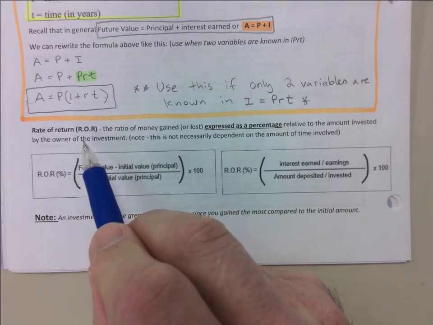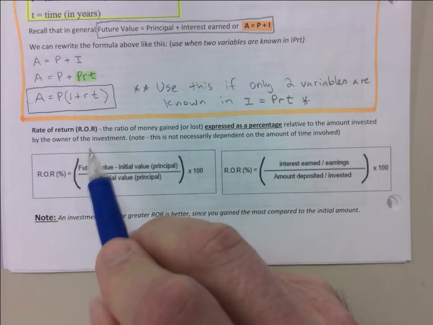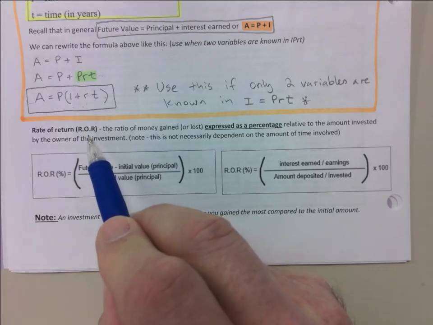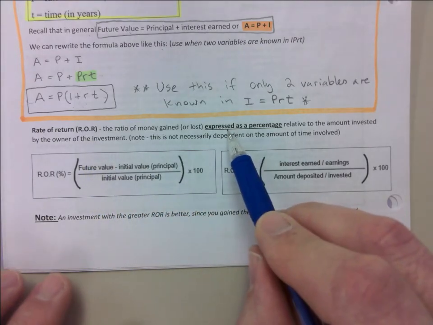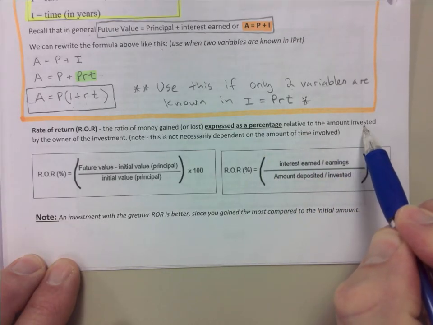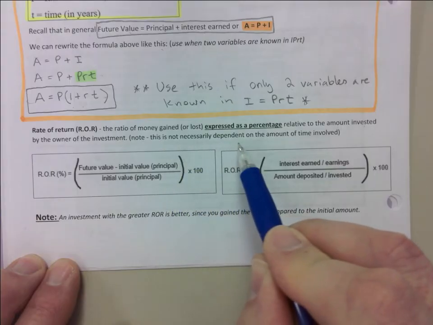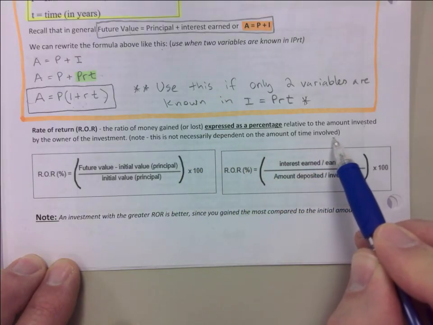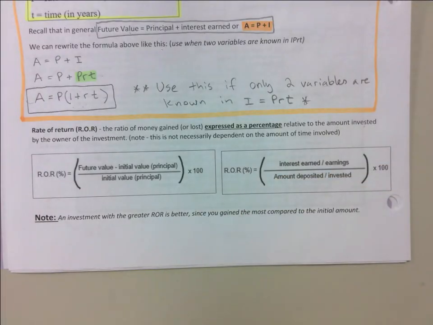Like every 3 months or so, I get a report and I look for the ROR. It tells you the rate of return. How much money did I get back? And it's expressed as a percentage, and it's relative to amount invested. Okay, this is not necessarily dependent on the amount of time involved. It just tells you how much did you get back.